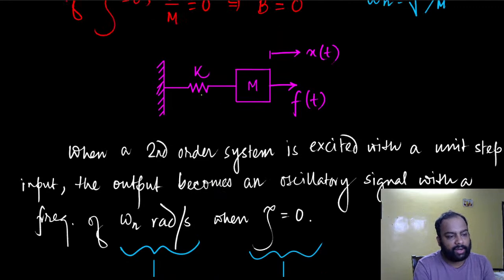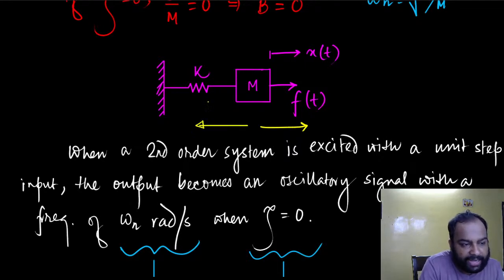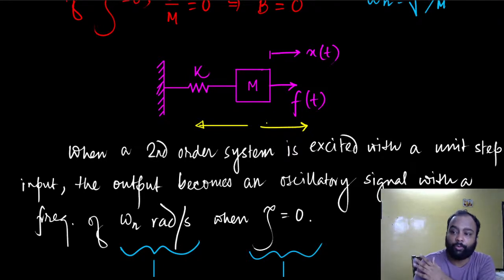Now similarly, look at this one here also. Since there is no damper, the energy is never spent. If I pull the mass in this direction, the spring stretches out, so the spring applies a force in the opposite direction and the mass moves in the opposite direction. When it has finished moving, the spring gets compressed and then tries to expand once again, so the mass again moves in the other direction, and the spring stretches again.